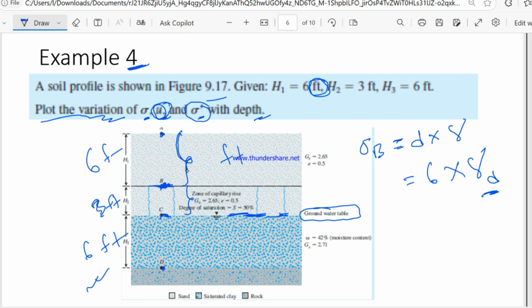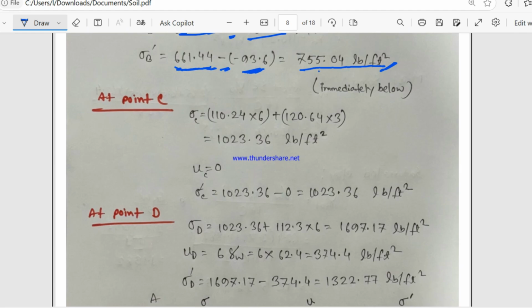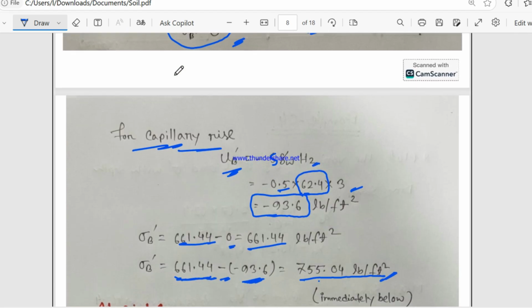For 6 feet we will use dry unit weight, but for this 3 feet we can't use dry unit weight because the saturation value is 50%, so this zone uses the moist unit weight. Okay, let's calculate the moist unit weight.